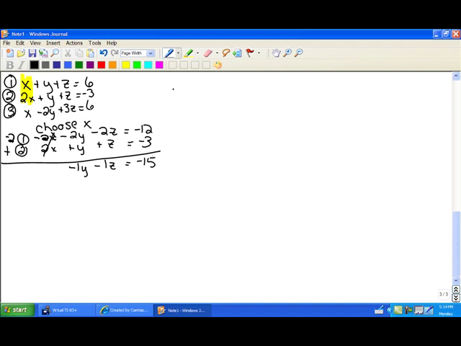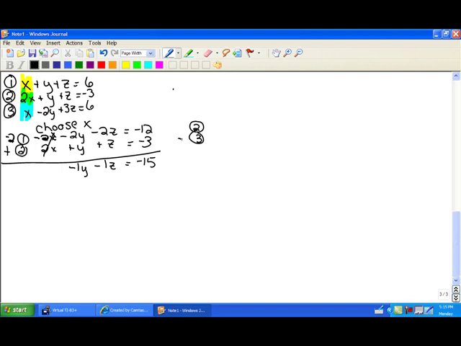Now I have to eliminate the x again using two different equations. This time I'm going to look at equations 2 and 3. If I look at equations 2 and 3, again, the least common multiple of 2x and x is going to be 2. So 2 I'm going to leave alone as 2x.